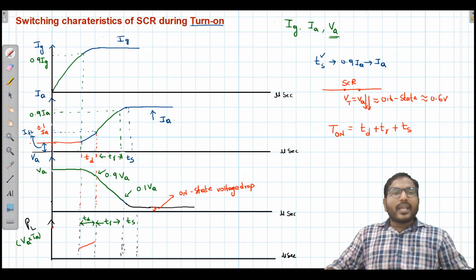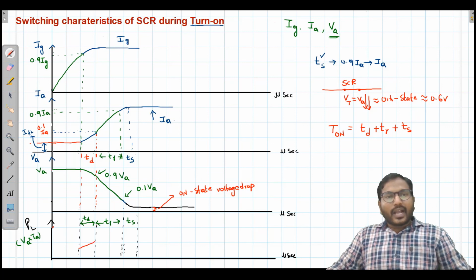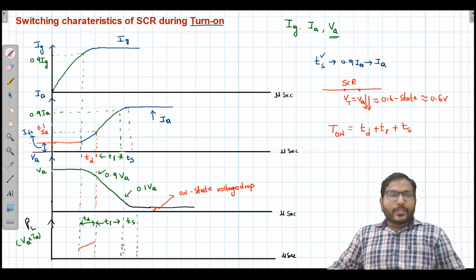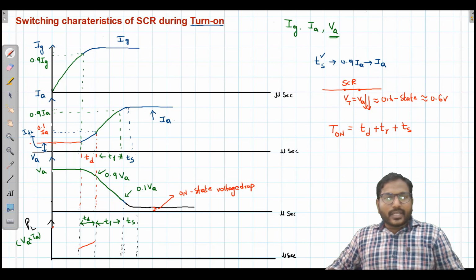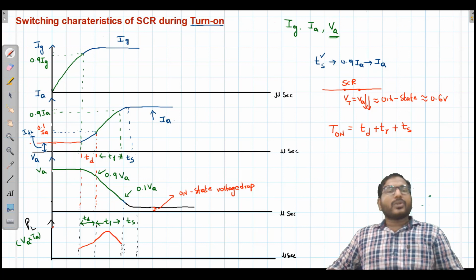Okay. And during rising time, IA is very high and VA is also considerably high. During this rising time, IA into VA, the deciding factor is anode current, which is high. That's why we can see the power losses are more during rising time.